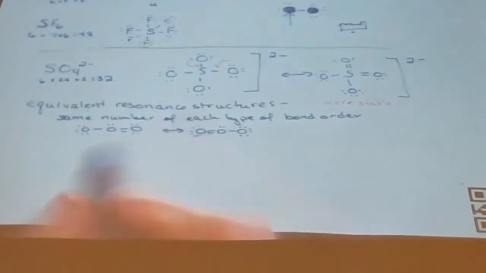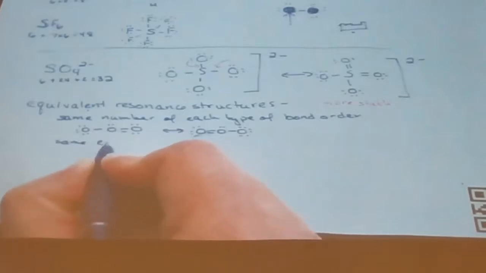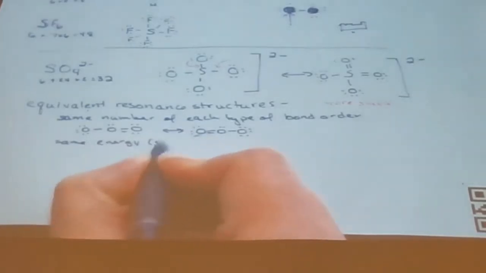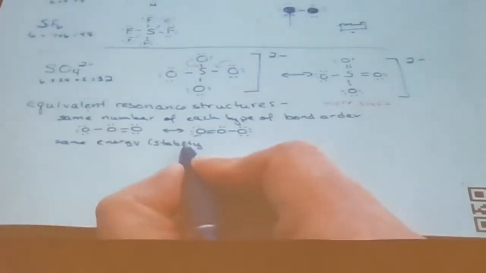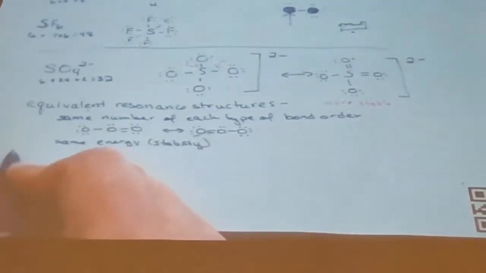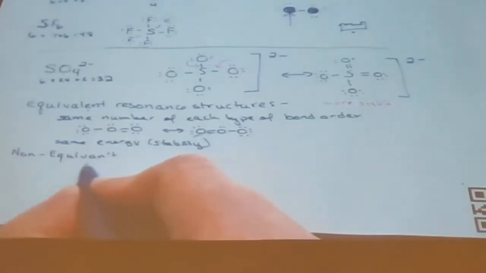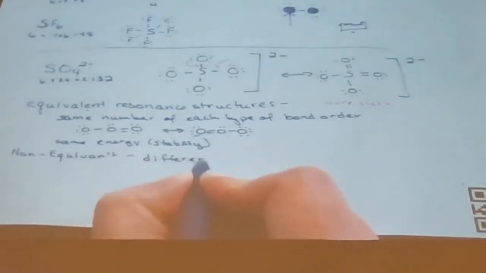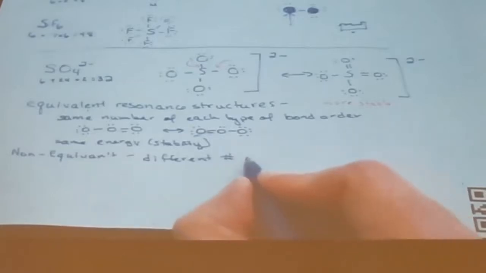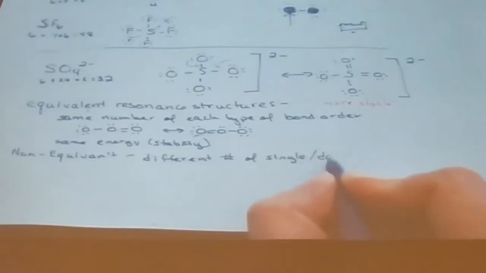So when I have equivalent resonance structures, they all have the same energy, which is our way of saying stability. For non-equivalent, I have a different number of single and double bonds.